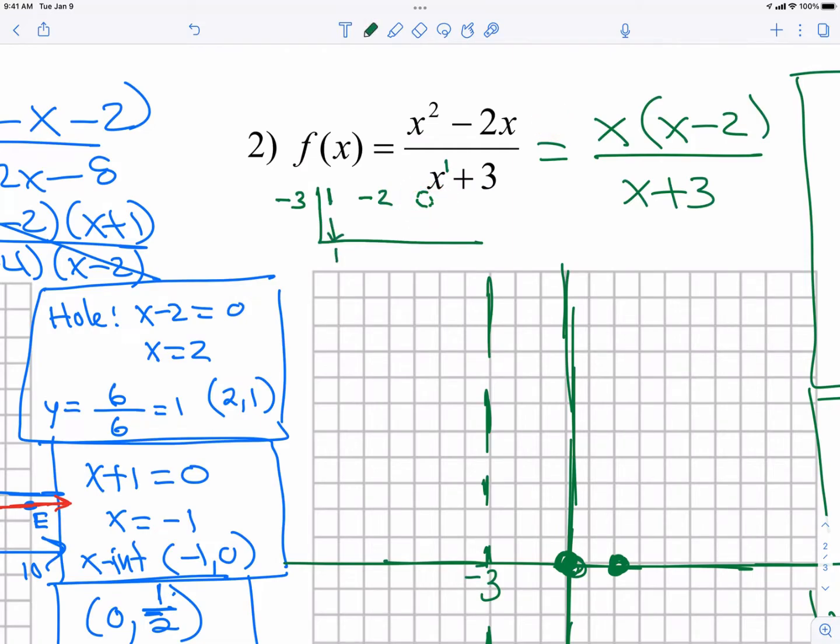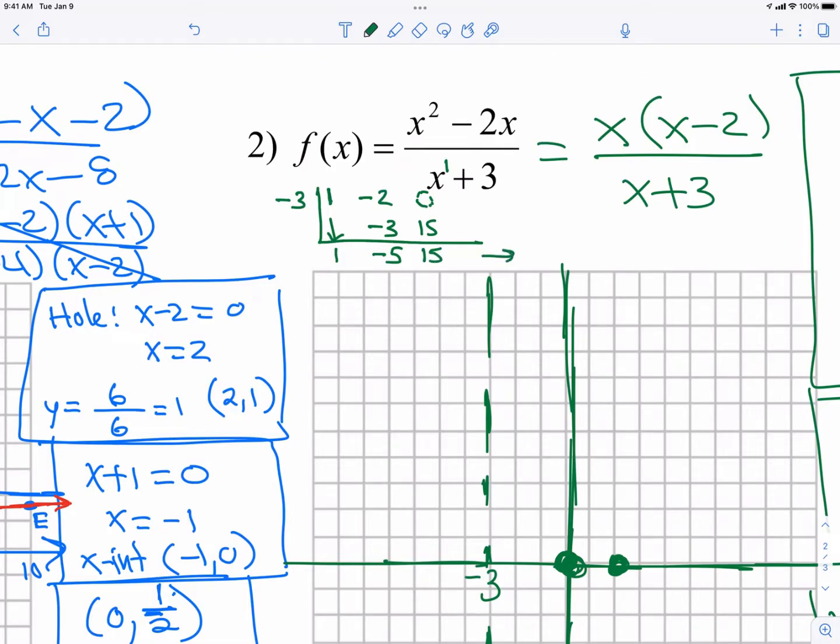All right, we drop the 1 down. 1 times negative 3 is negative 3. Add those together is negative 5. Multiply negative 5 times negative 3 is 15. And add and we get 15.